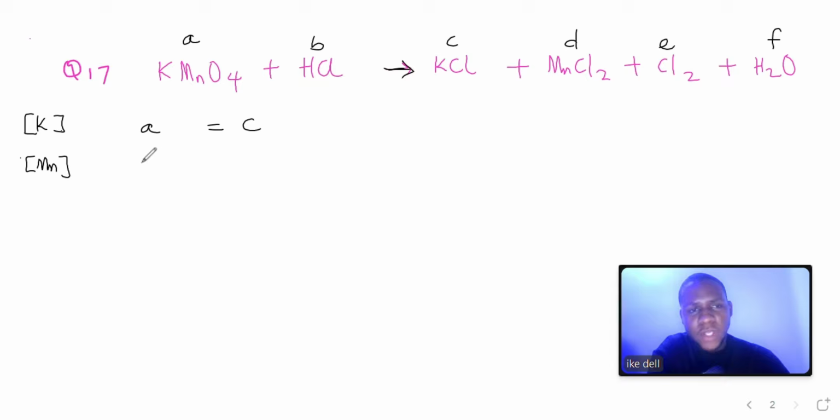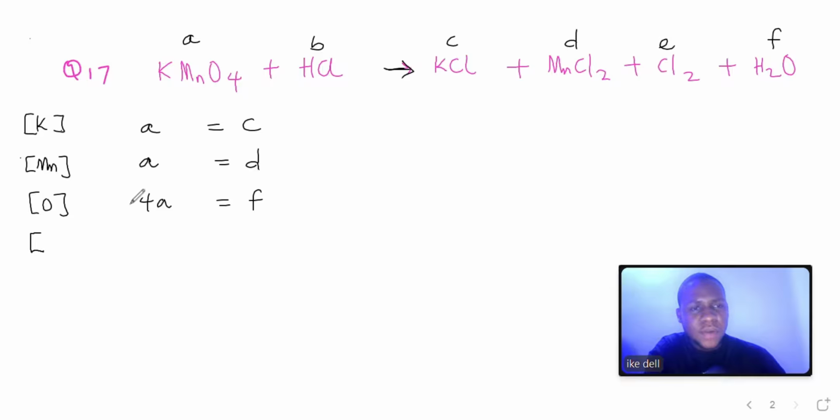Here I have one A, or just A, and on the other side, I have Mn right here, D. Comparing oxygen now, here I have 4A because oxygen here is 4, so 4A. Do I have any other oxygen? No. On the other side, I have F.